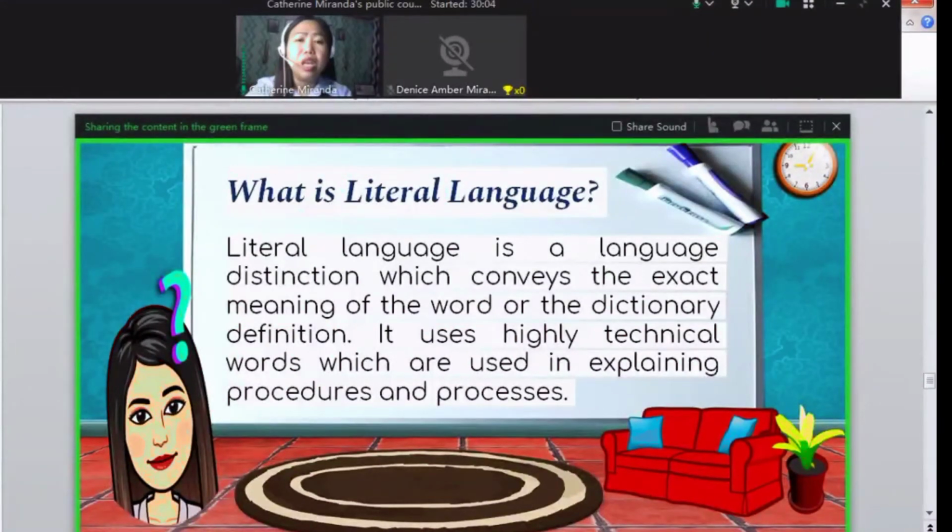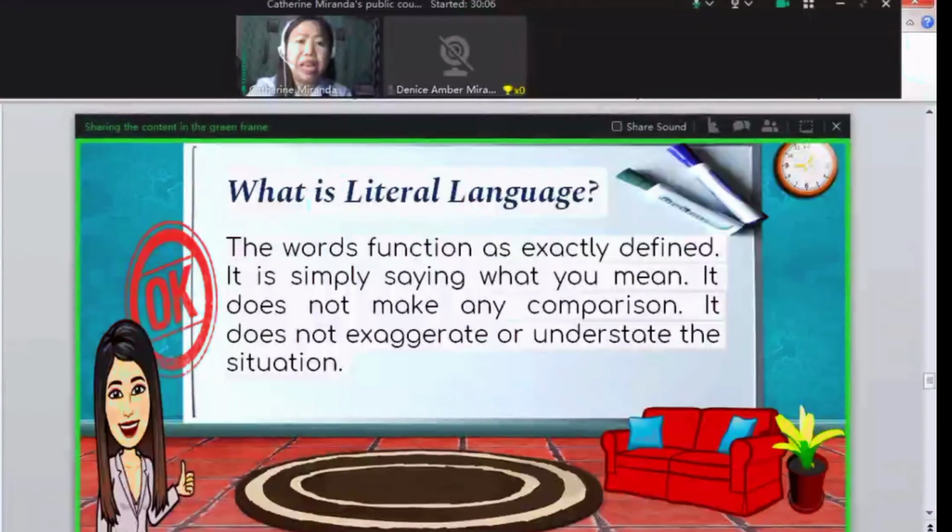As you can see, a literal language is very different from the figurative language in the sense that the language uses words which are exactly according to the conventionally accepted meanings or denotation of words. It is used to mean exactly what is written in a statement.